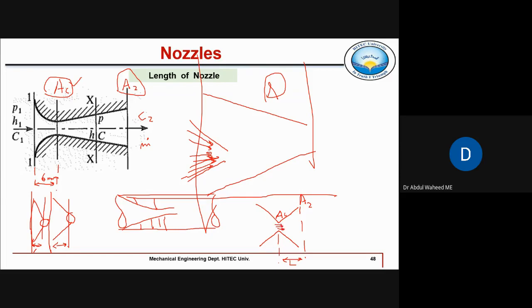So in the divergent part, this high velocity stream has a tendency, because of its inertia, that it will not occupy this whole space. This fluid will try to follow the same diameter of this throat. Because of very high velocity, fluid will try to follow the same path, this one. Right?